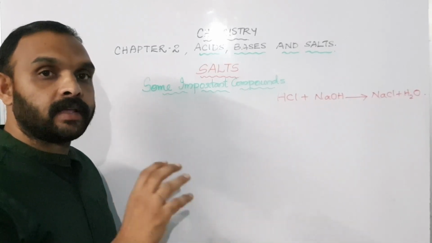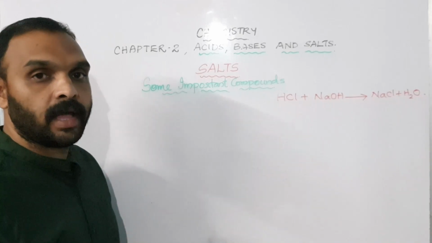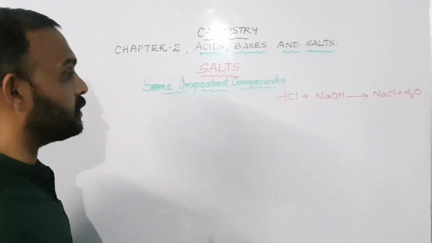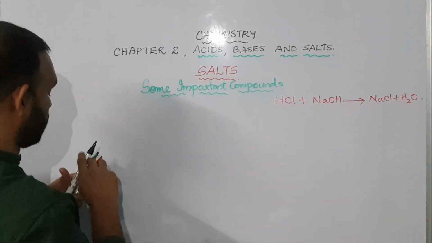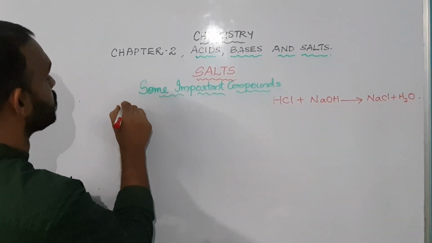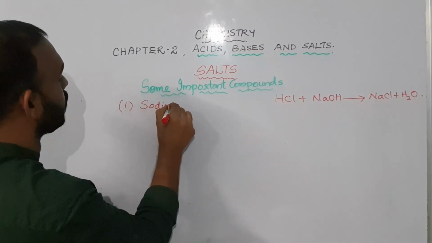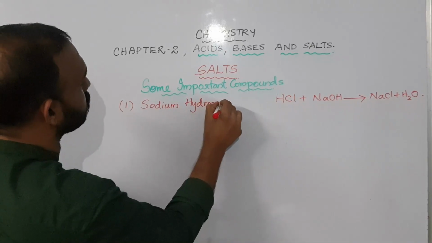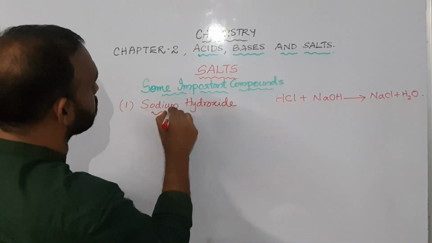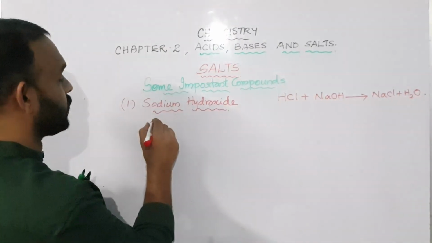And it is used as a raw material for the preparation of so many compounds. Today we are going to discuss one of those compounds, which is commonly known as caustic soda. Do you know what is caustic soda? Caustic soda is sodium hydroxide. Sodium hydroxide is known as what? Caustic soda. Okay. What is its other name?